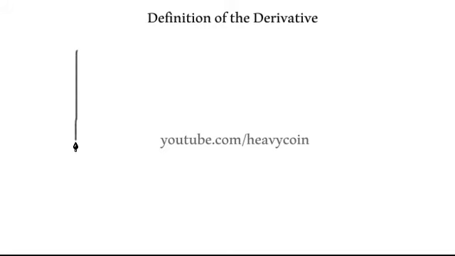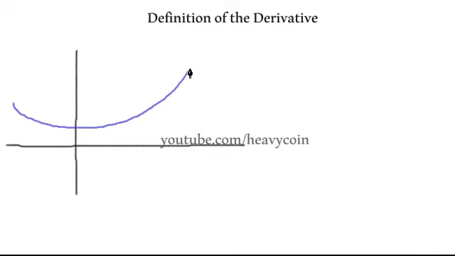Okay, so this is how my picture is going to go. I'm going to draw a y-axis, and then I'll draw an x-axis, and then let's use a different color for our curve. So let's say that we have some graph that does this, okay? And I'm going to pick a point right here, and we're going to pick another point right here.